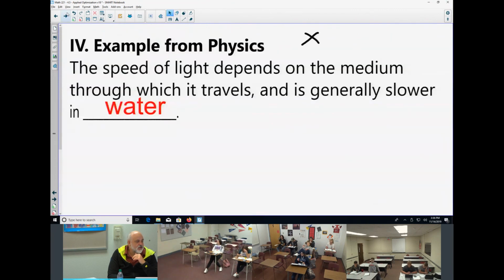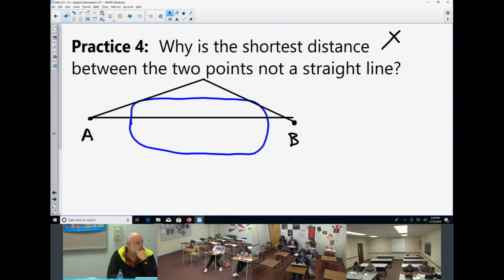All right. So part 4, we're going to skip that, so you can just draw a line through that. It is kind of interesting that the speed of light isn't always the fastest in a straight line, because when it goes through a medium like water, light actually slows down.